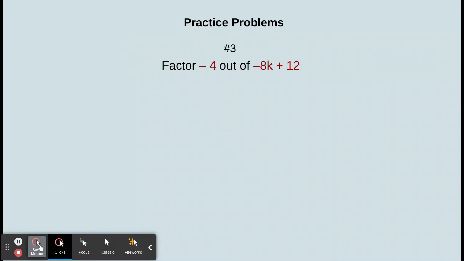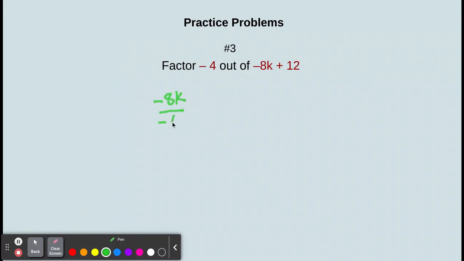Okay, the last one. Factoring out a -4. So -8k minus 4 plus 12 divided by -4. That means what? This becomes something positive, and this becomes something negative.